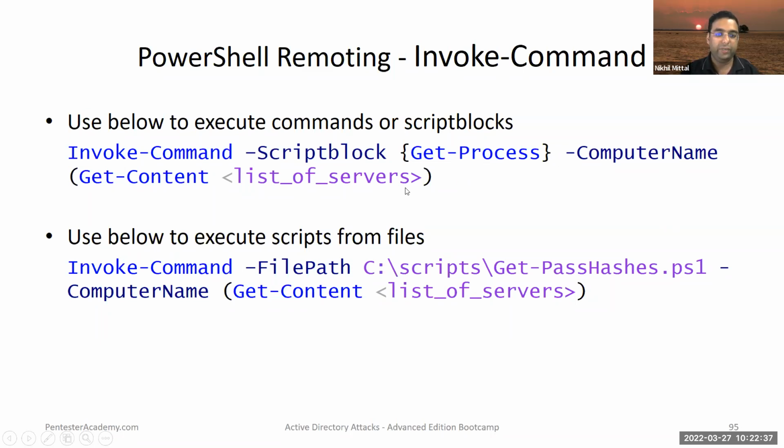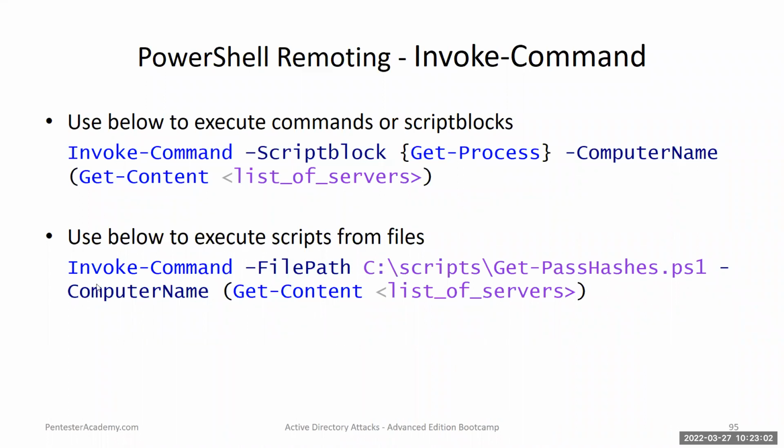And then the ComputerName parameter, if you pass a list of target machines, let's say 50K machines or more, this command will be executed on all those machines in parallel, not one by one, but in parallel. Not only that, Invoke-Command has the capability to run local PowerShell scripts in memory on remote machines.